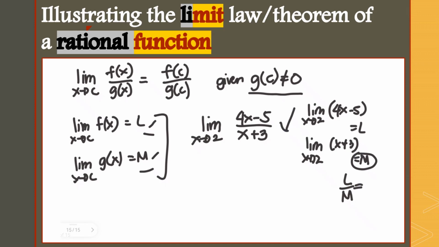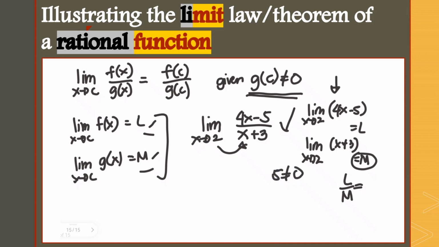But we don't need to go with this because this limit theorem for rational functions allows us to automatically substitute our c to our x here, both numerator and denominator, given that our denominator here is not equal to 0. Let's find out if we substitute that here. 2 plus 3, that's 5. It's not equal to 0.